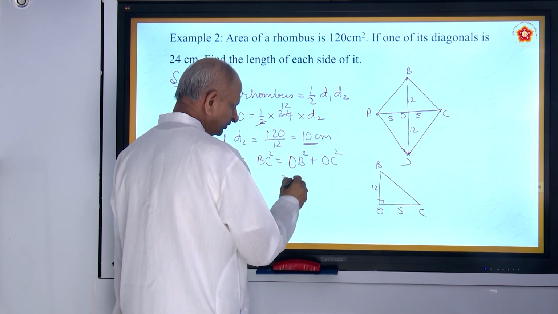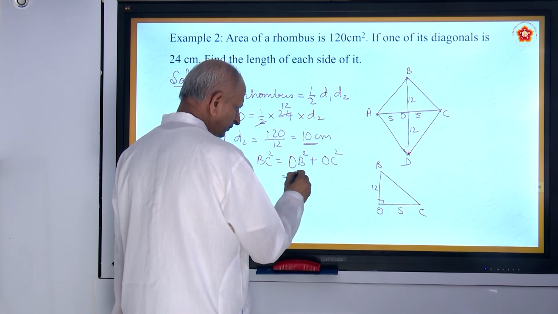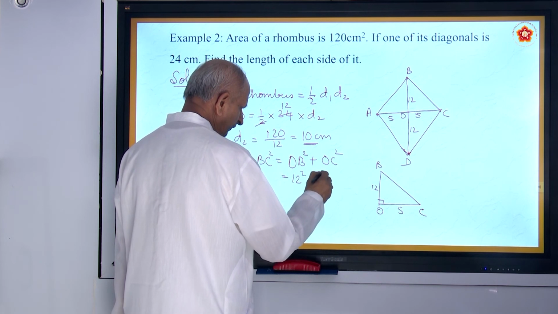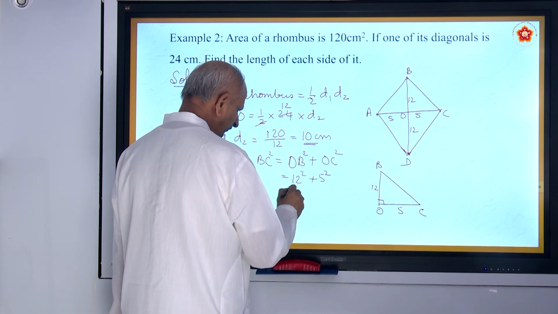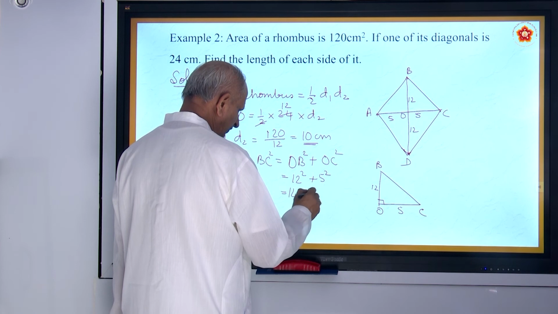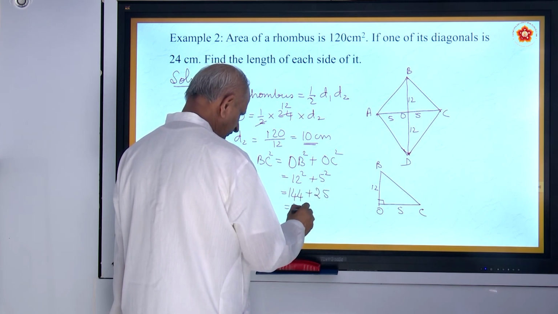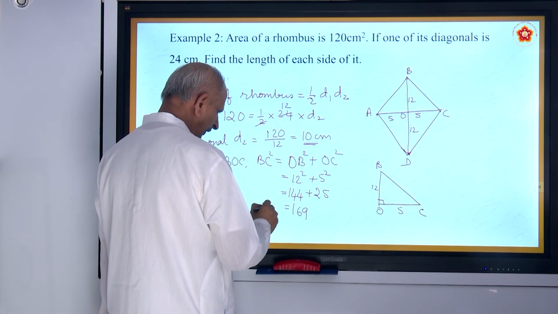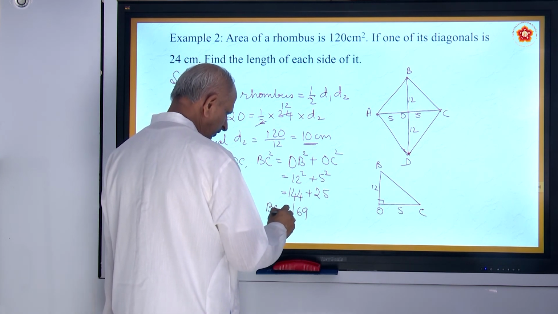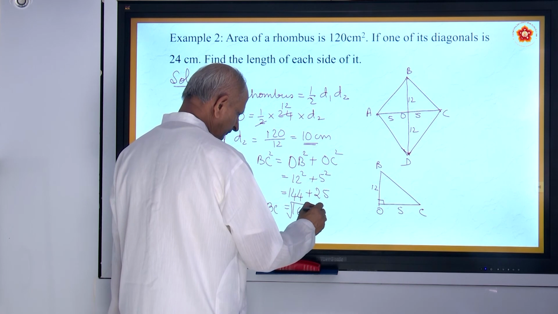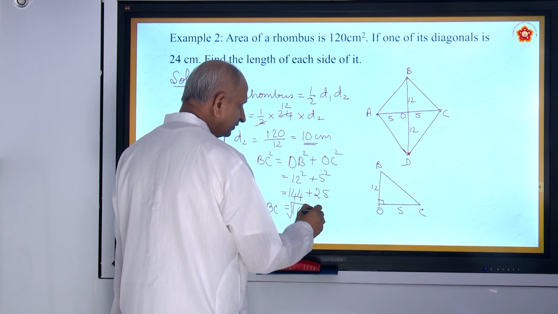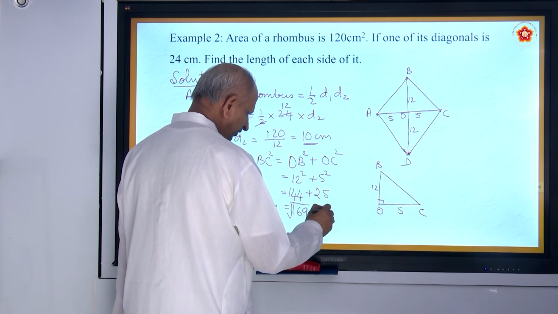That is by Pythagoras theorem. OB is 12, plus 5 square: 144 plus 25, 169. That is BC square. So BC will be root of 169, that is 13 centimeters.